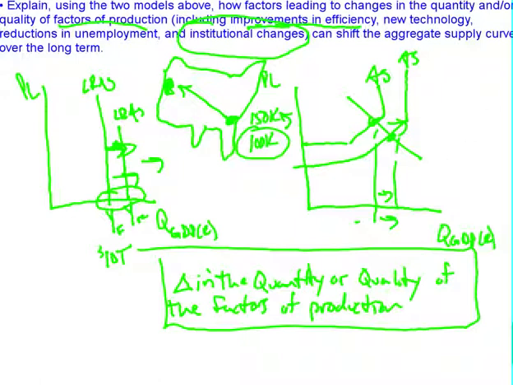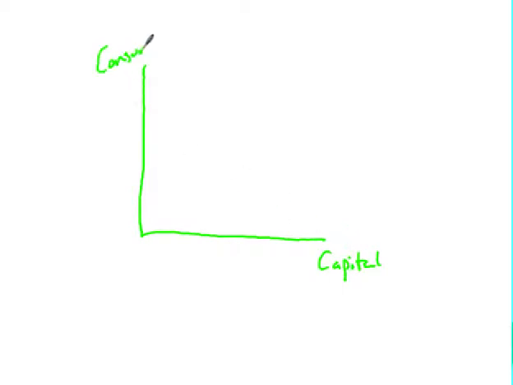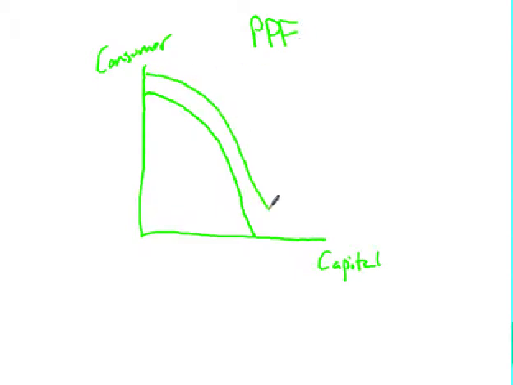Let me make one last note. There's one more graph that is similar to these and that shows economic growth, and this is one that you should be able to conjure up on a test. If I said, show me another graph that demonstrates economic growth, you should be able to say that this is the production possibilities frontier, that any shift out, this is curve A and curve B, also demonstrates economic growth.